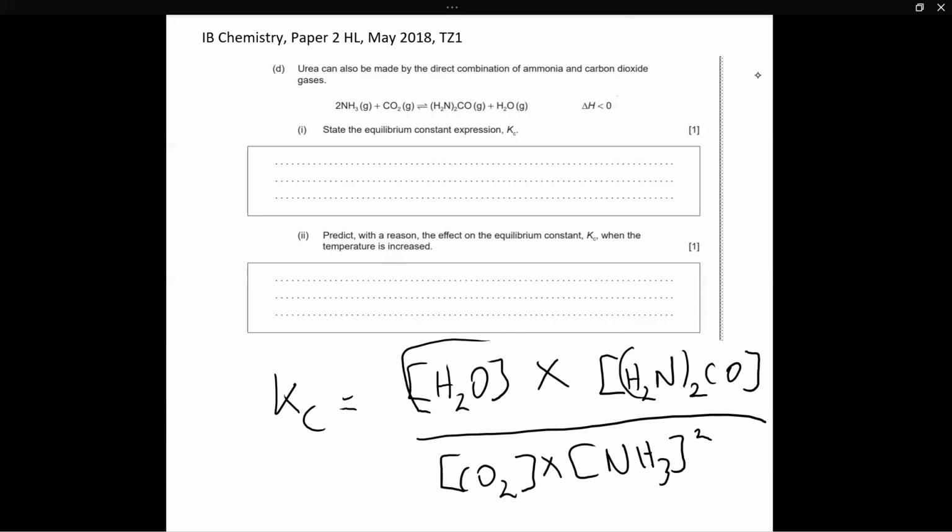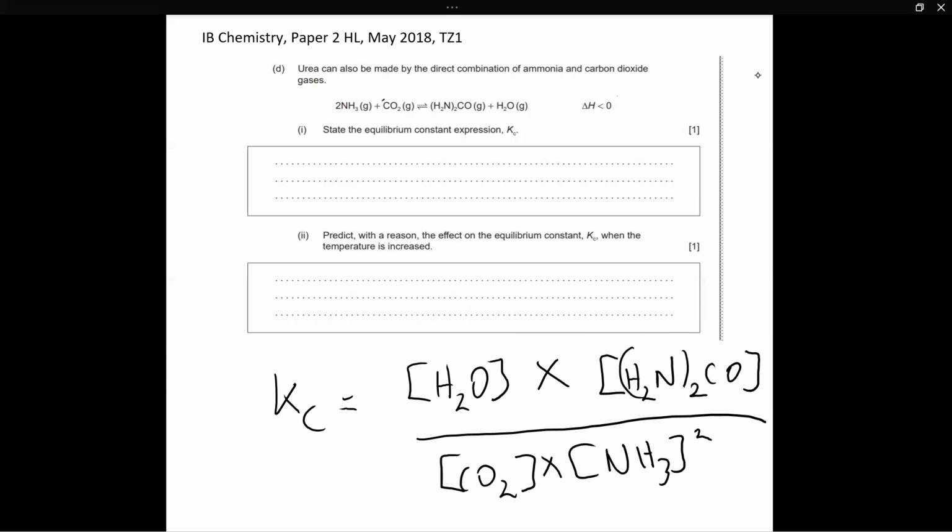I've multiplied the concentrations of the products together, and I should also remember that whatever the concentration is, I have to take it to the power of the coefficient. Like I have done over here, NH3 is 2 NH3 in the equation, so that's why I have squared it.